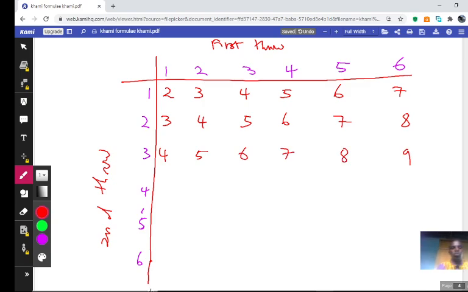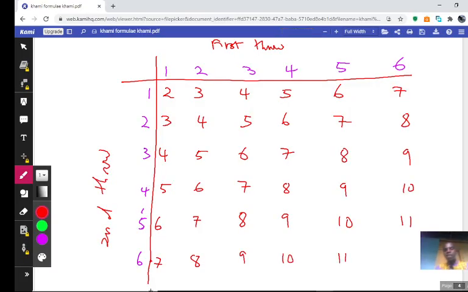Then here it will be 5, 6, 7, 8, 9, and 10. On this one, it will be 6, 7, 8, 9, 10, and 11. On this one, it will be 7, 8, 9, 10, 11, and 12.